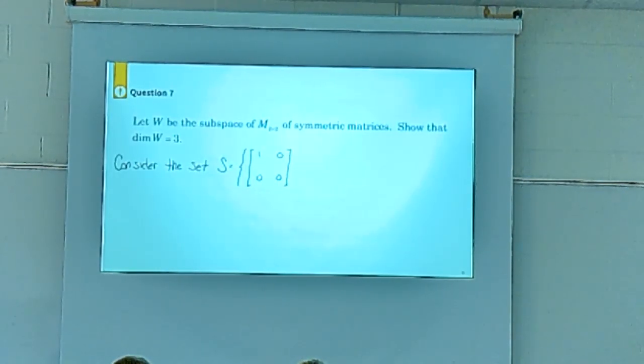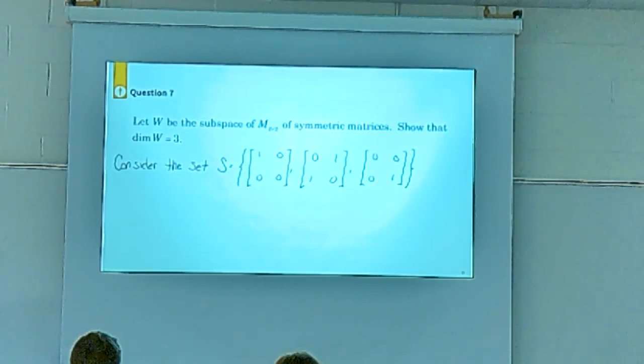That's a 2 by 2 symmetric. That's 2 by 2 symmetric. That's 2 by 2 symmetric. Start with that. Clearly, that's contained in W.